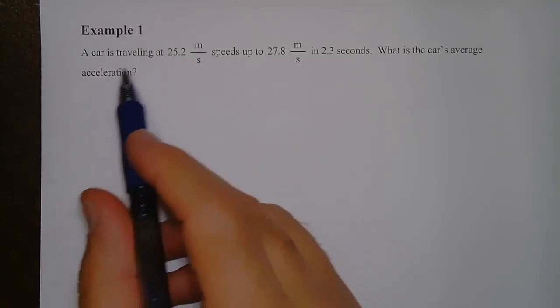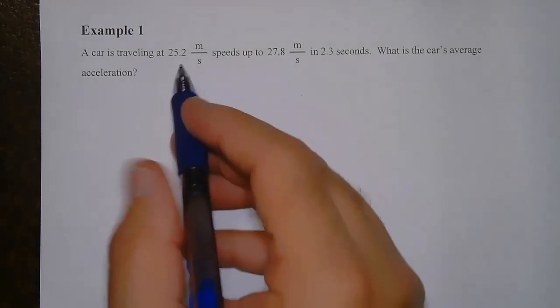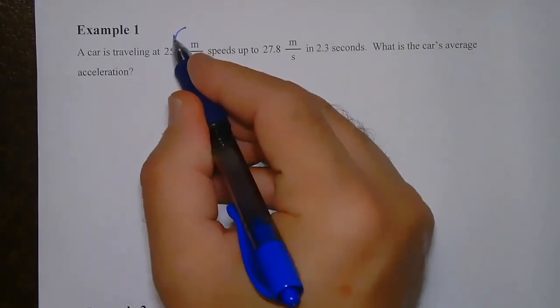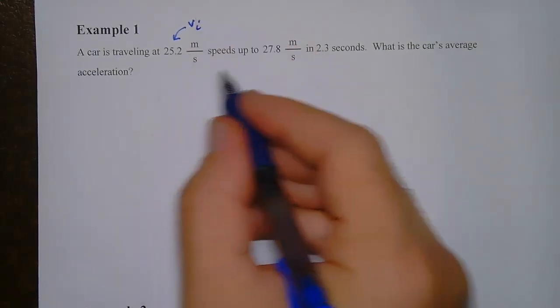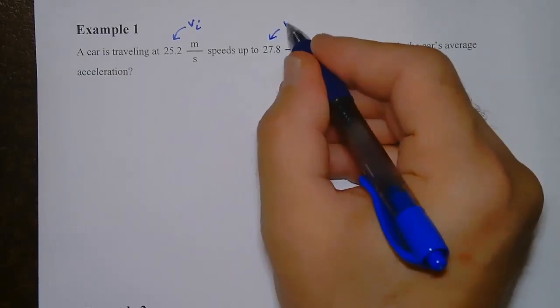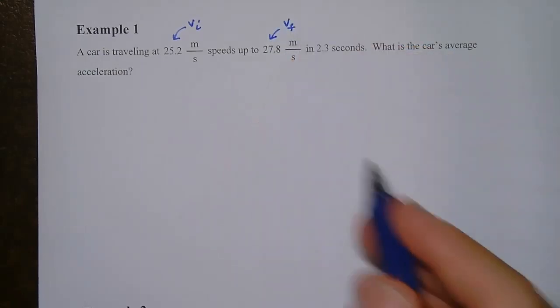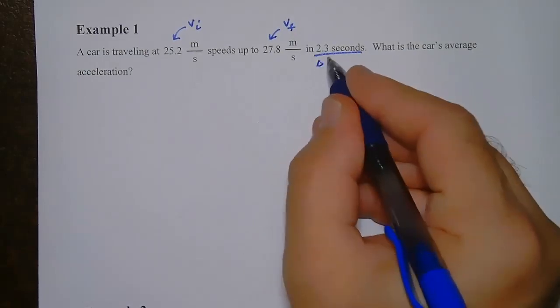So it's traveling at 25.2 meters per second and speeds up to this. So this one right here is my V sub I. It's the initial one. I'm starting there and I'm going to speed up to this. So that's my final velocity. And I know I do this in 2.3 seconds. So that's my delta T.